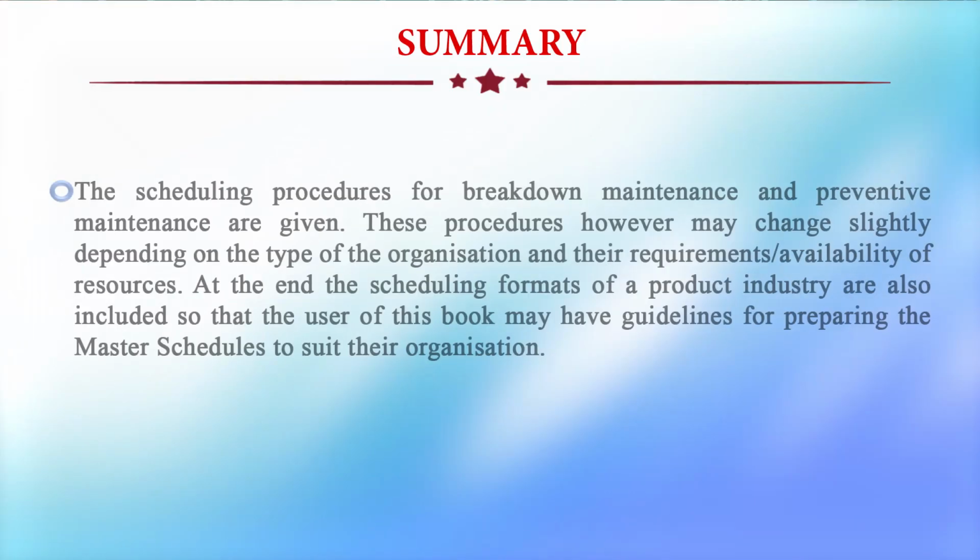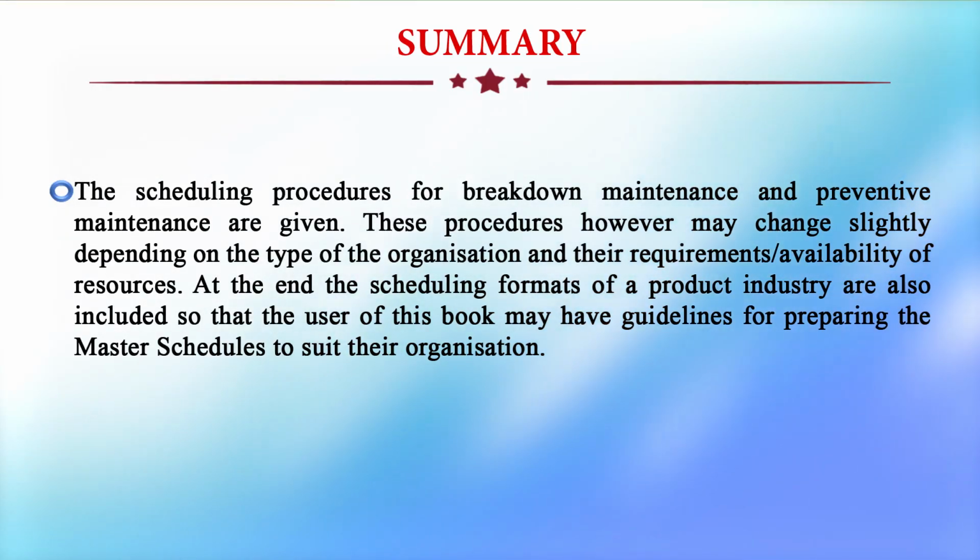Summary: the need for scheduling the maintenance is stressed in this unit. The basic procedure for scheduling starts with the sequencing of jobs and then assigning them to the available manpower and materials. A few numerical problems are also solved on sequencing and assignment of maintenance jobs. The scheduling procedures for breakdown maintenance and preventive maintenance are given.